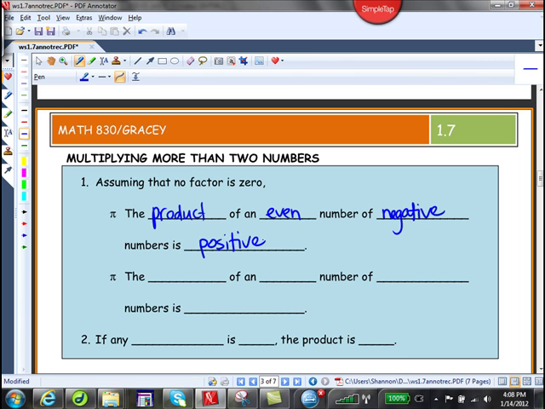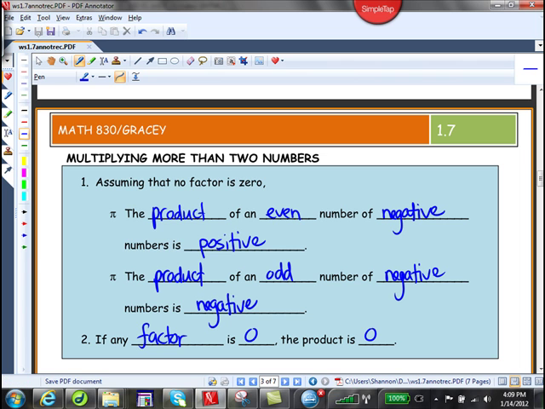The product of an odd number of negative numbers is negative. If any factor is 0, the product is 0.